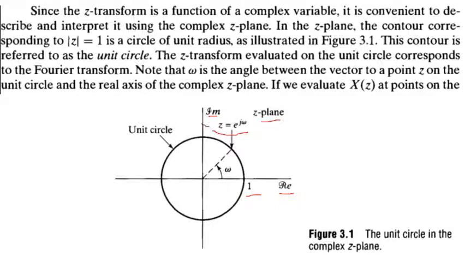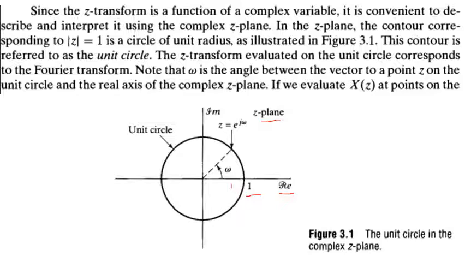This value of Z can lie anywhere in this Z-plane. For example, if this value is right on the unit circle, it means the magnitude of Z is 1. And omega is the angle that this vector Z makes with the real axis.